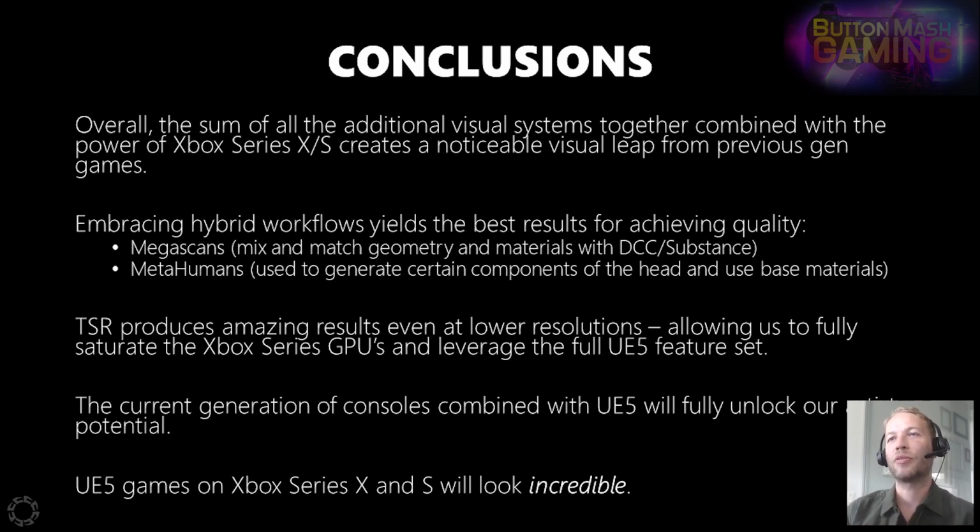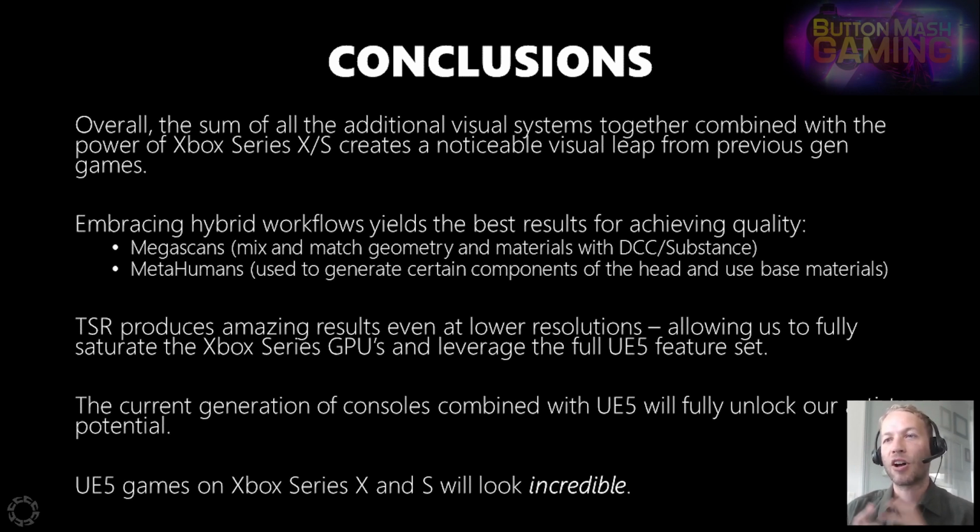MetaHumans hybrid workflow: use MetaHumans to generate certain components of the head and use the base materials if you can, but generally you can still model things in the DCC and combine that with the MetaHumans. Temporal super resolution produces amazing results even at lower resolutions, allowing us to fully saturate the Xbox Series GPUs and leverage the full UE5 feature set. We're not sacrificing quality to scale down essentially.